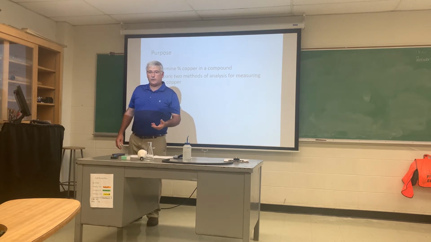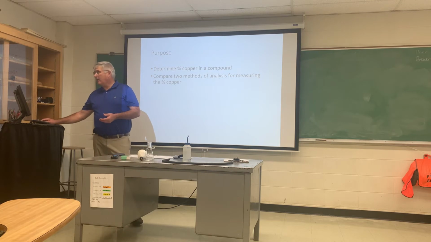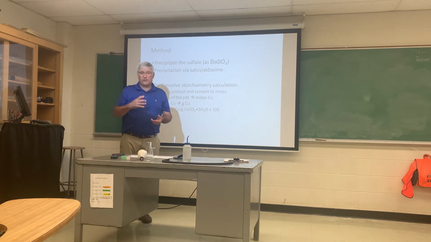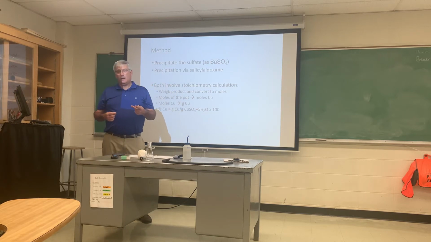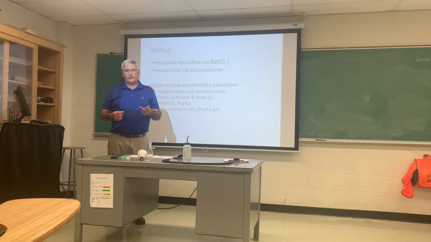So for this lab, what you're going to do is actually weigh out an amount of copper sulfate pentahydrate, dissolve that, and then precipitate it with two other compounds. One of them will be an indirect precipitation, where we'll precipitate the sulfate and measure the amount of sulfate that was present, and then in turn use the formula for the molecule to determine the amount of copper that was present.